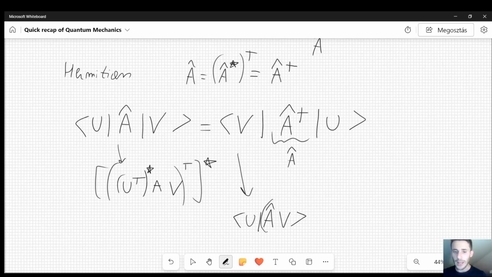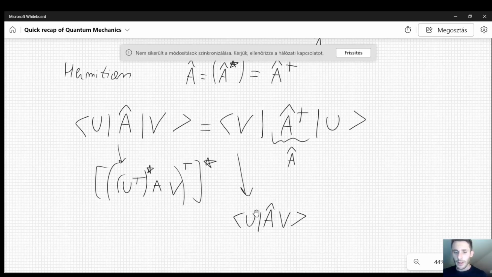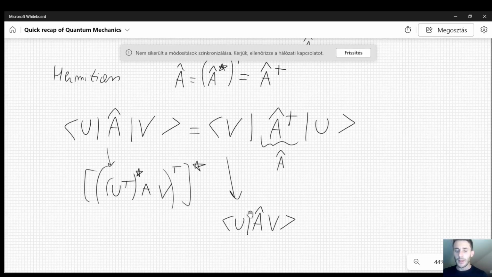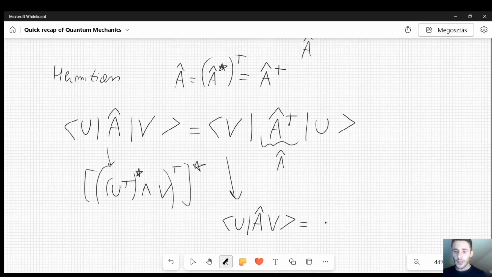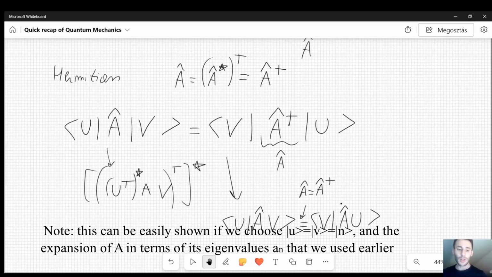So we act with A on the state V, and then we take the inner product with U for a Hermitian operator. This can also be written as the inner product between V, and then A acts on U, if A is equal to A dagger. This is a constraint that makes sure that A has real eigenvalues, which leads to real observables in physics.